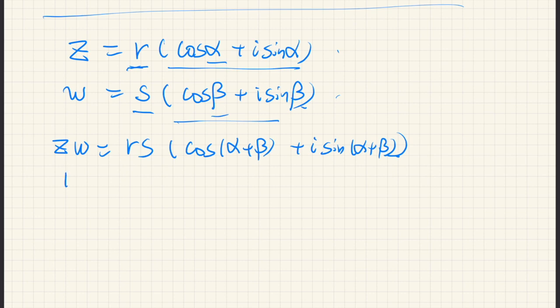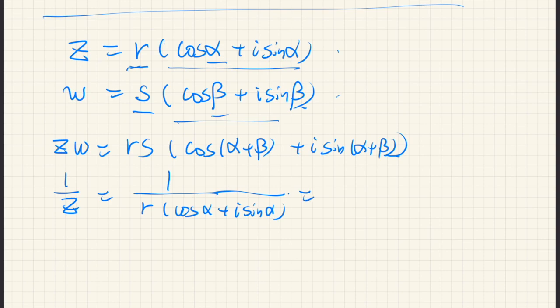And what about 1 over z? What does that mean? So just calculate that. So that is 1 over r times cosine alpha plus I sine alpha. To simplify this, we have 1 over r and multiply both numerator and denominator by the complex conjugate of this one.